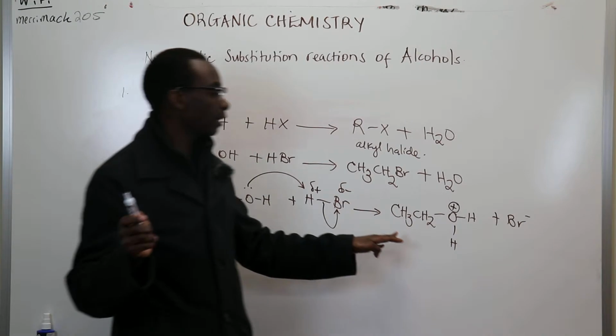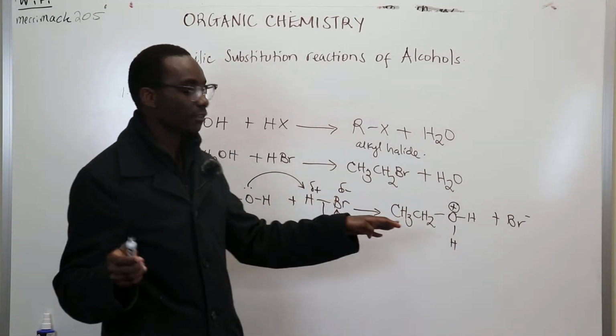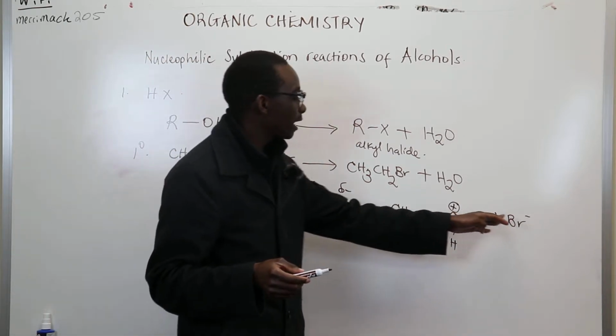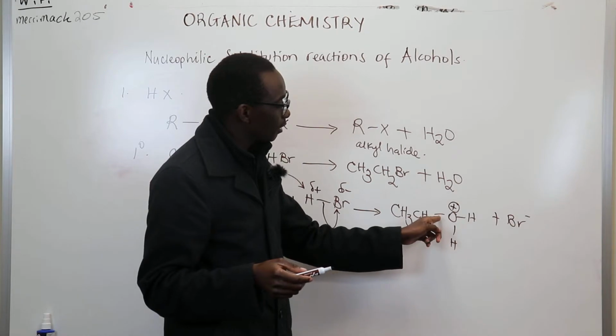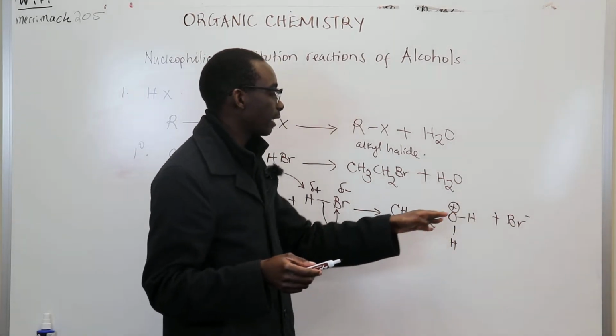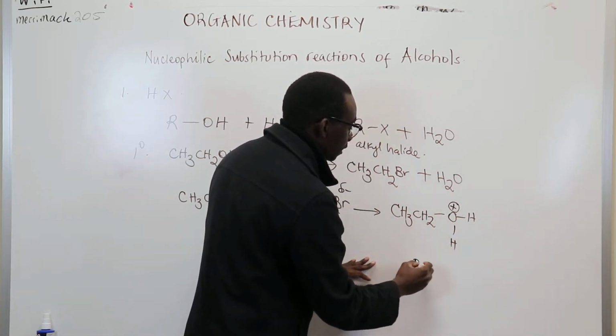With primary alcohols under SN2 reactions, it's only a one-step mechanism. Here, when the Br attacks, the OH2 group breaks off at the same time, and this happens when the Br does what we call a backside attack.